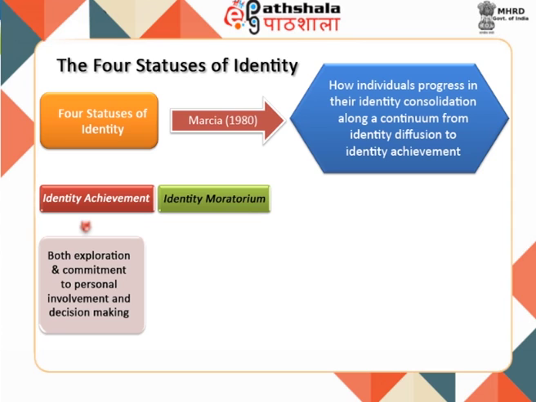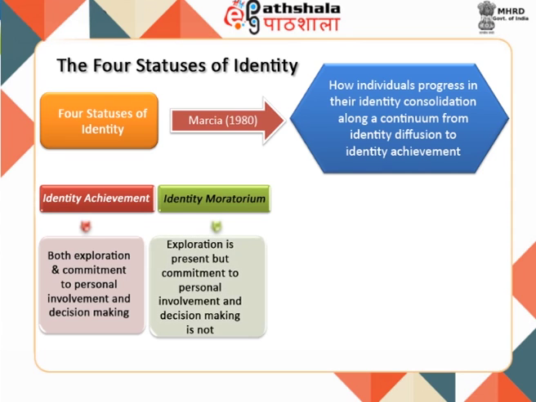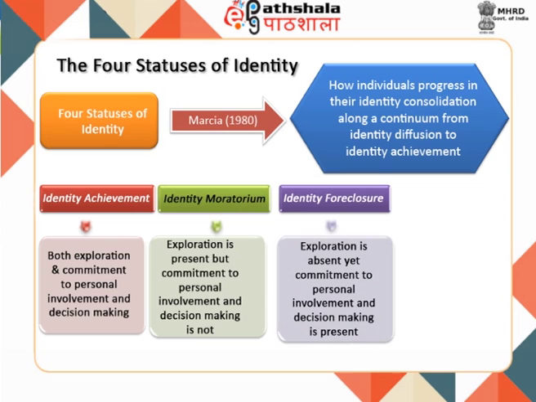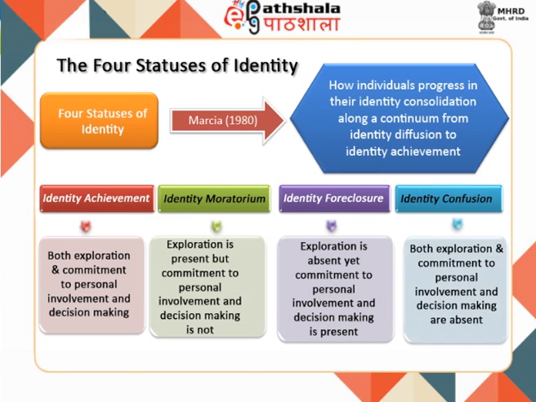Identity moratorium. In it, exploration is present, but commitment to personal involvement and decision making is not. 3. Identity foreclosure. In it, exploration is absent, yet commitment to personal involvement and decision making is present. 4. Identity confusion. It involves both exploration and commitment to personal involvement and decision making being absent.